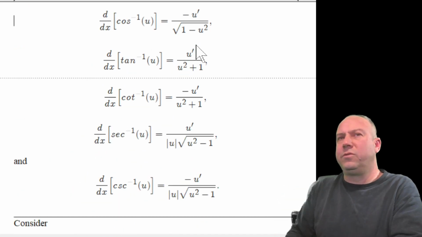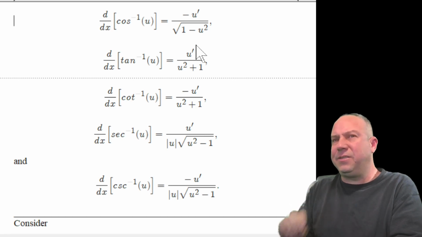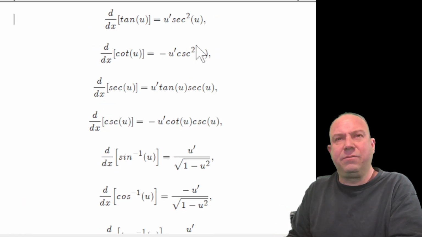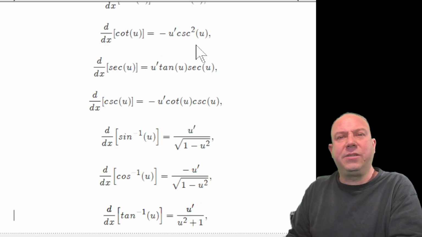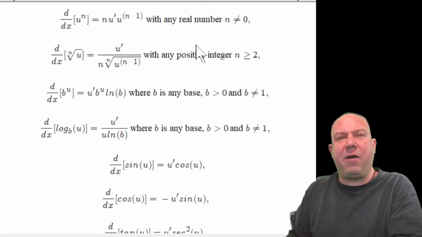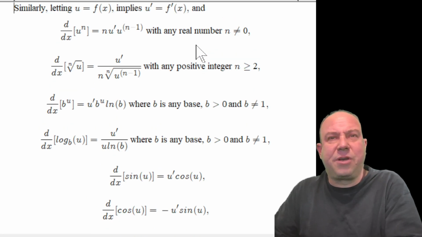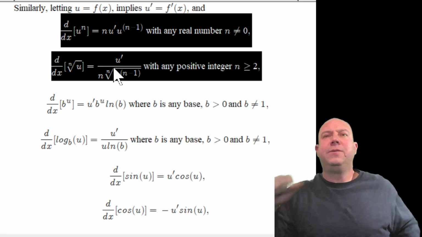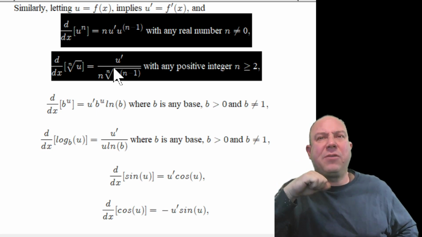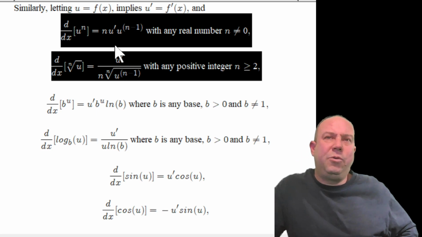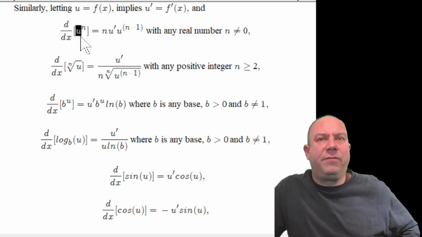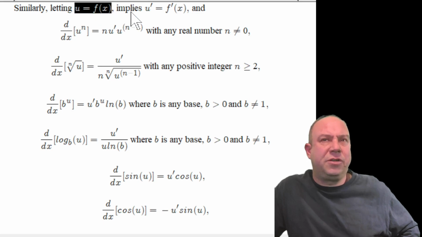All of our rules for specific cases of functions, algebraic functions, our trigs, our inverse trigs, our exponentials, our logarithmics, our powers, our radicals, can all be generalized to an implicit form where we involve u instead of x, where we think about u being some other function of x.